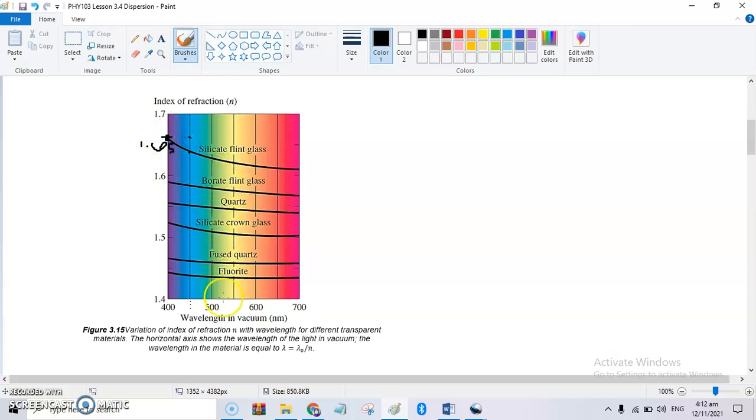Another example is quartz. For example, our wavelength in vacuum is 700. So the index of refraction of quartz is somewhere here in this line. So this is halfway, 1.55. It could be 1.54.